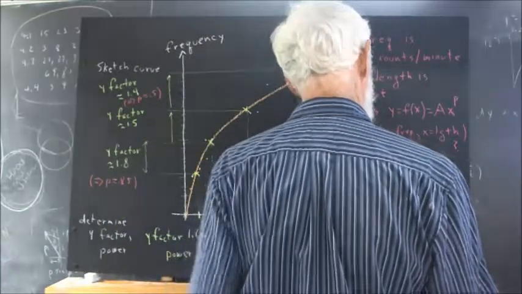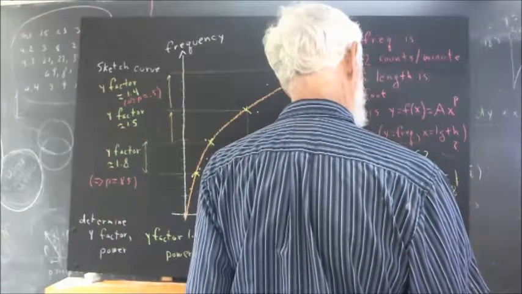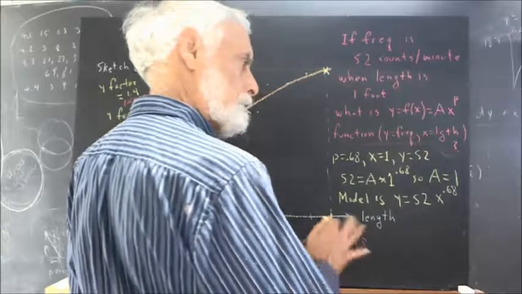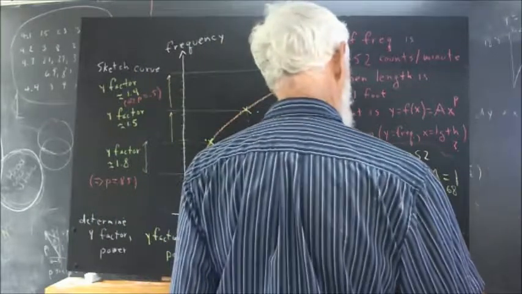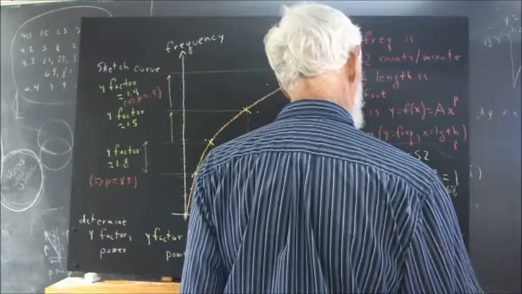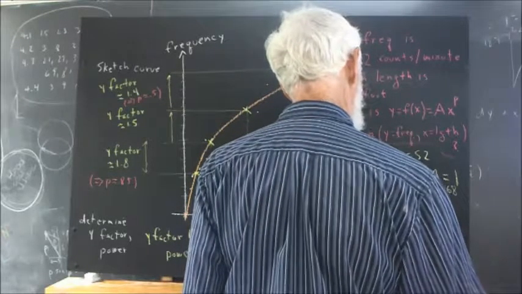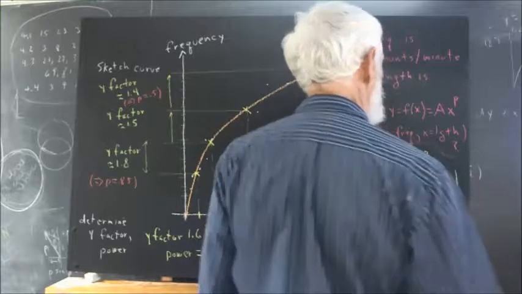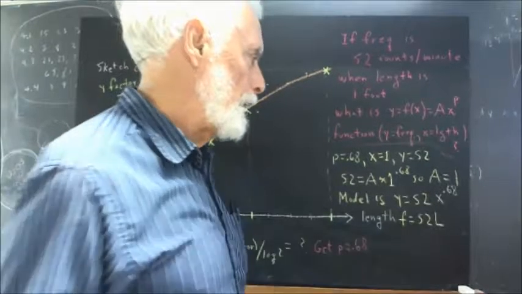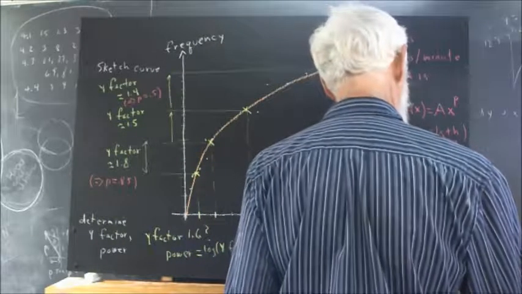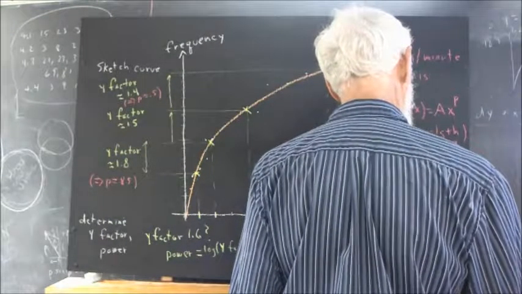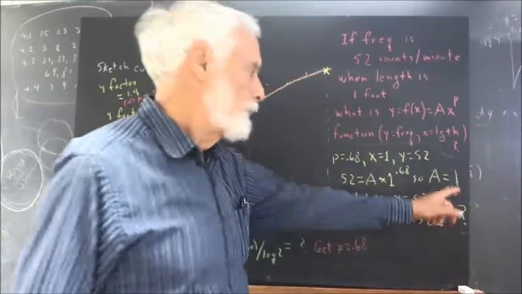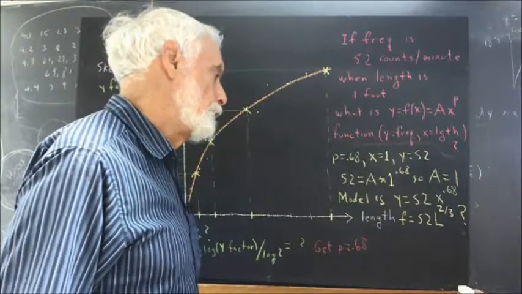So, just looking forward, using F for frequency and capital L for length, could it be that this 0.68 really represents a 2/3 power?